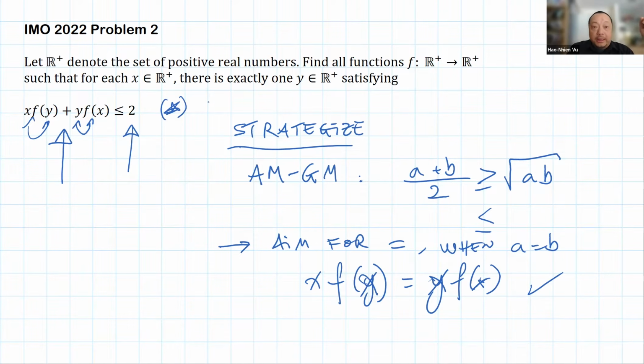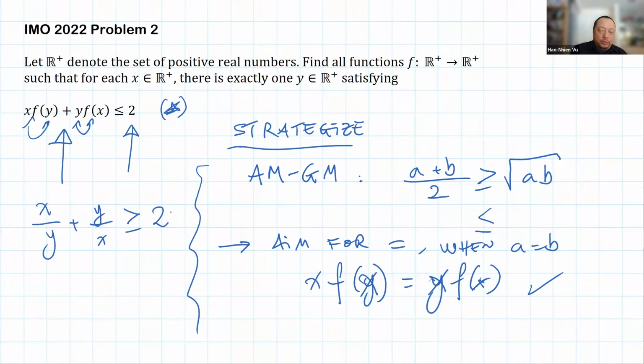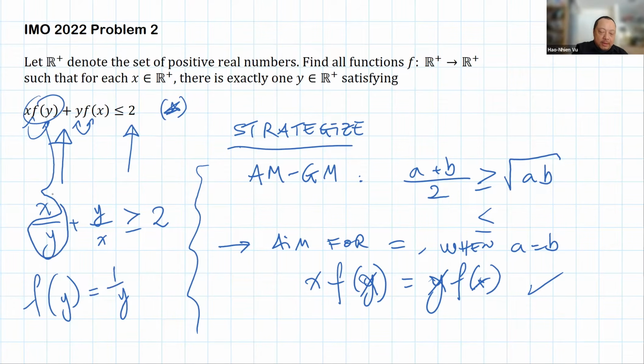And now that I think about it, those of you who have done a lot of work with AM-GM are probably familiar with this inequality: x/y + y/x is always greater than or equal to 2. So that suggests that f(y) is equal to 1/y, and f(x) is equal to 1/x.